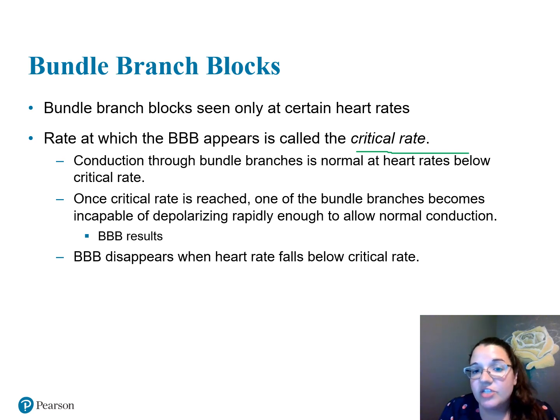Once the critical rate is reached, one of the bundle branches becomes incapable of depolarizing rapidly enough to allow normal conduction, and then we get a bundle branch block. The bundle branch block disappears when the heart rate falls below the critical rate. So we have a very small time frame to see a bundle branch block.